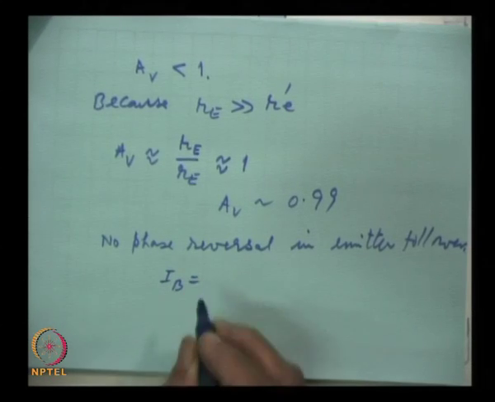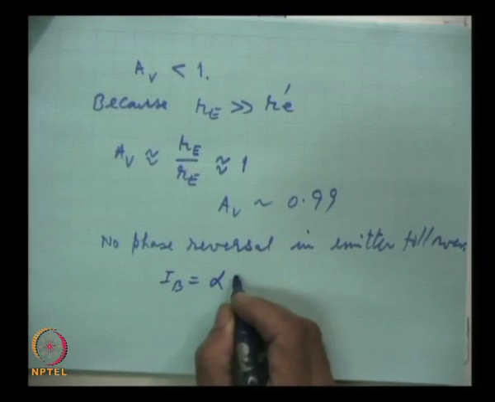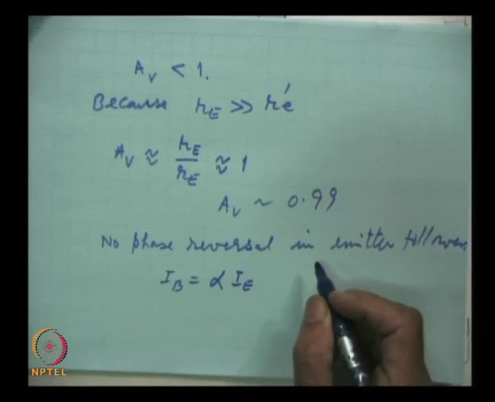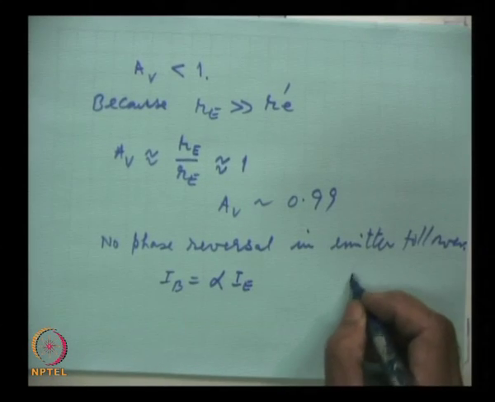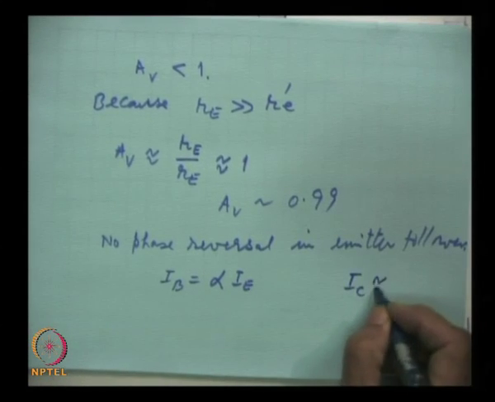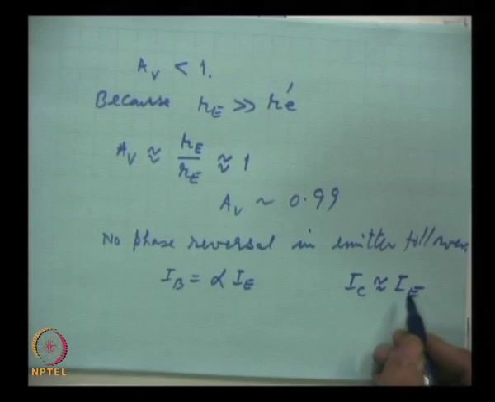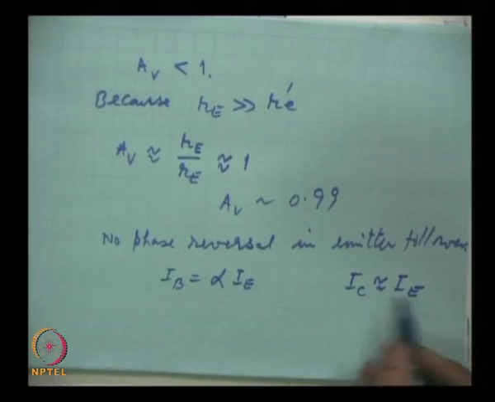I remind you that in all small signal amplifiers I_C is very closely equal to the emitter current. These two are equal, AC or DC, this is true for both.